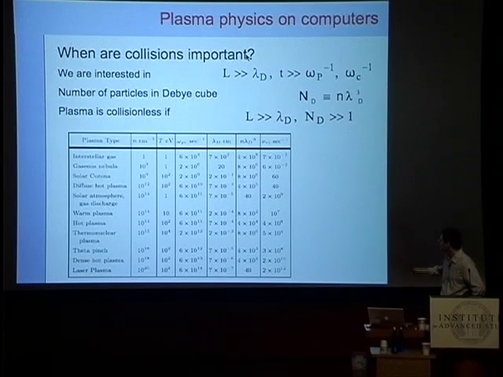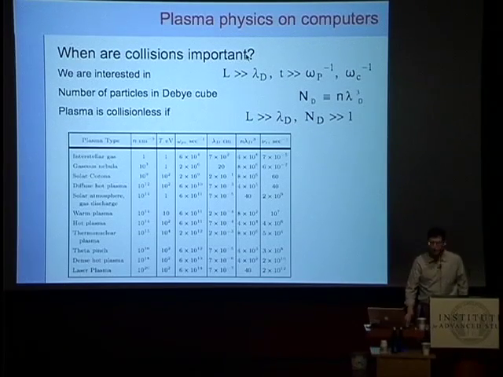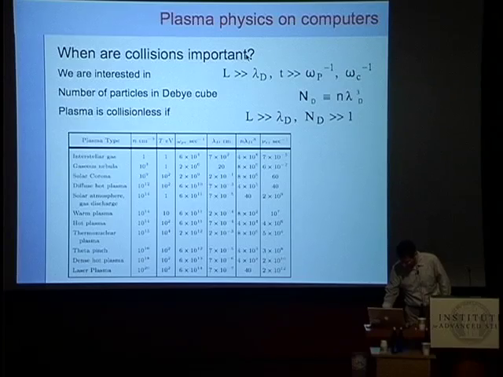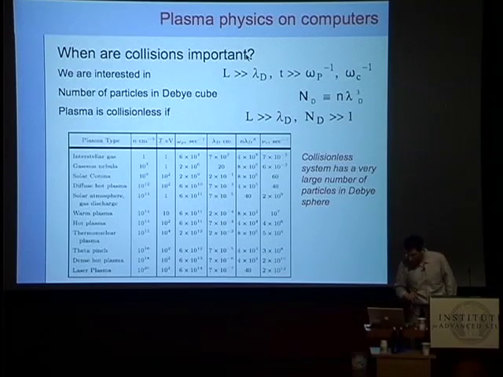Diffuse hot plasma, 10 to the 5. If you get into some of the laboratory plasmas, then it can get kind of iffy. You can get about 100, or if you have laser plasma interaction, can get up to tens. So you may worry about collisions in these cases. But in most of the astrophysical environments, this number is sufficiently large that you don't have to worry about collisions that much.